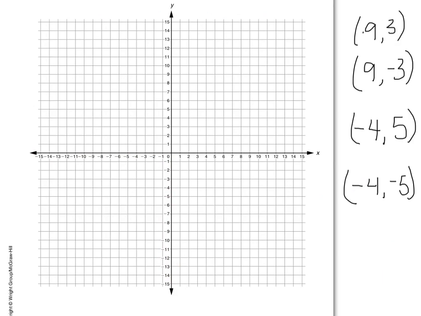So we can use what we already know to plot some points on this grid. I'm going to start off here with 9, 3. Both of these numbers are positive, and my first number tells how far to the right or to the left to go. So I'm going to go 9 to the right, and then up 3. And then that becomes my point.